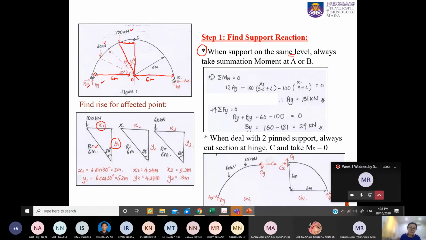When you want to get the vertical, in this case the R resolved into Y, you use 6 cos 30. If you want to resolve this length to horizontal, where it is opposite from this angle, you use R multiply sine 30. Are you okay with that?